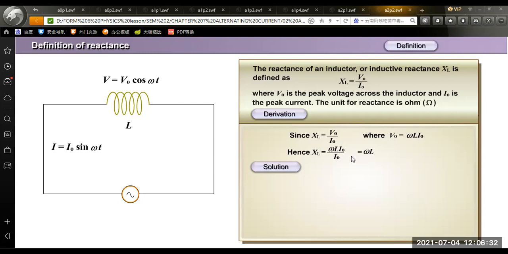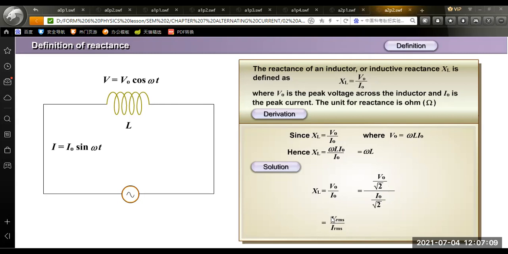At the end, we get XL equals omega L. XL is equal to V naught over I naught, or V naught over square root of 2 divided by I naught over square root of 2. XL is equal to VRMS over IRMS. It can be V naught over I naught or VRMS over IRMS.